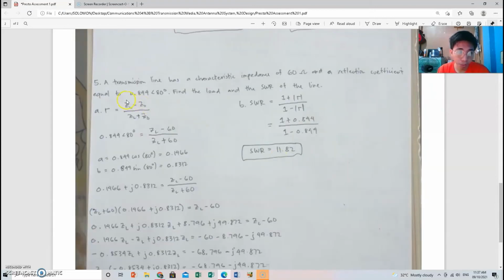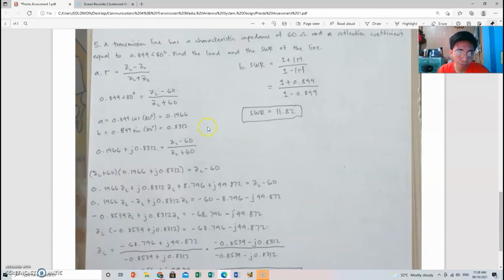Okay, moving on, we have the last problem, number 5. A transmission line has a characteristic impedance of 60 ohms and a reflection coefficient equal to 0.844 angle 80 degrees. Find the load and the SWR of the line. So we are asked to find the load. We can use this formula to find the Z sub L, or the load.